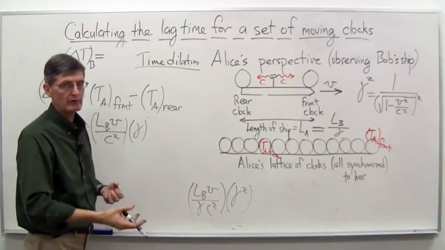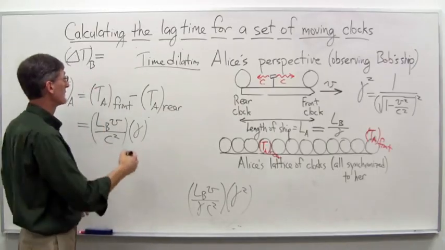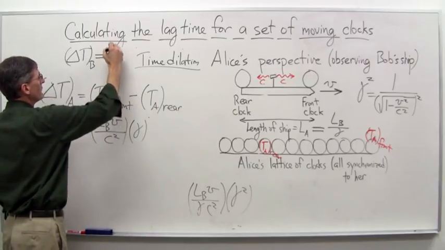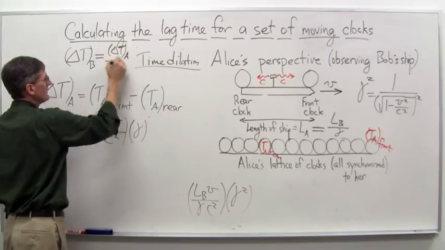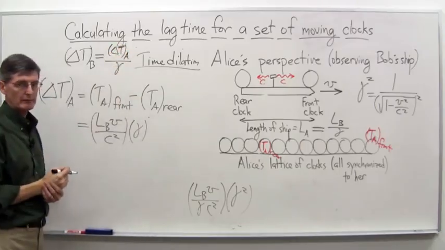Alice observes Bob's clocks running more slowly, and so it's going to be delta t for Alice, whatever her time difference is, divided by gamma.